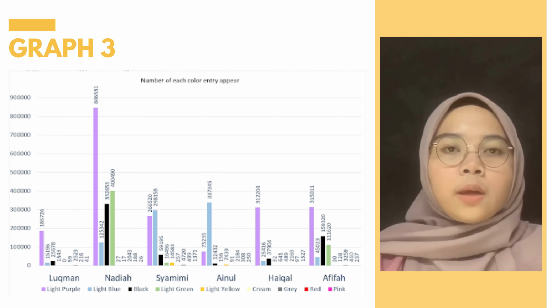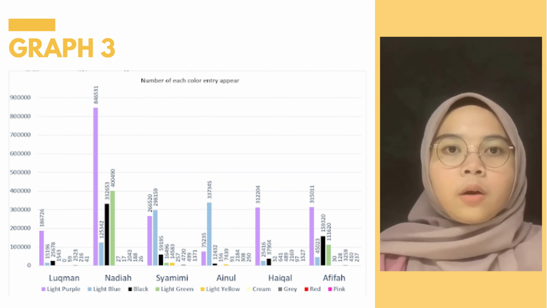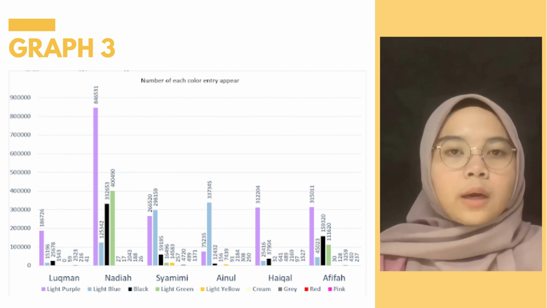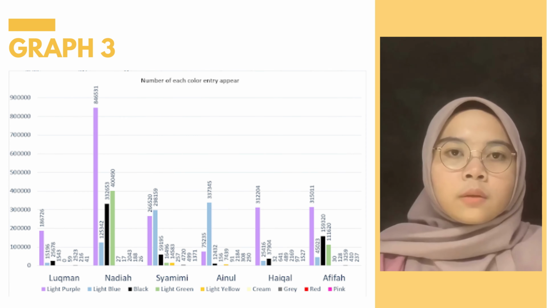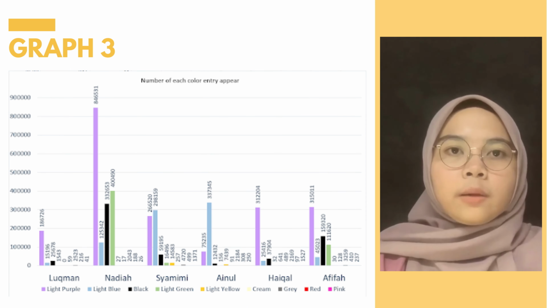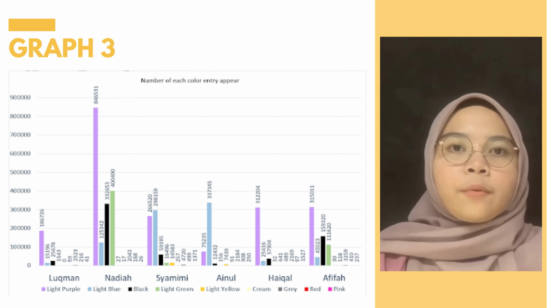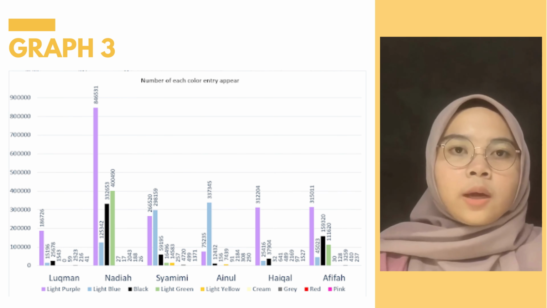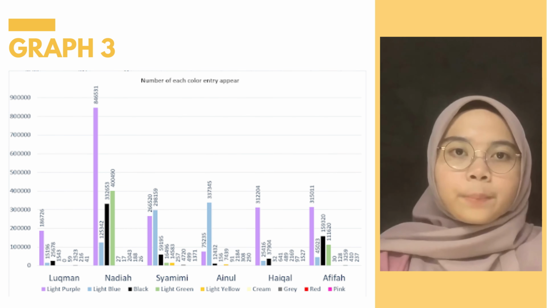For the chart of the number of each color entry appearance, we also use a cluster column chart. The x-axis is represented by the color and the group members such as Lukman, Nadia, Shamimi, Ainu, Haikal, and Afifa.